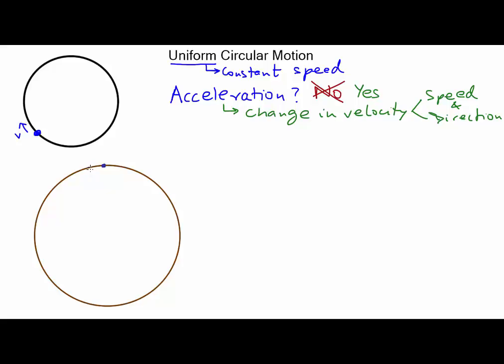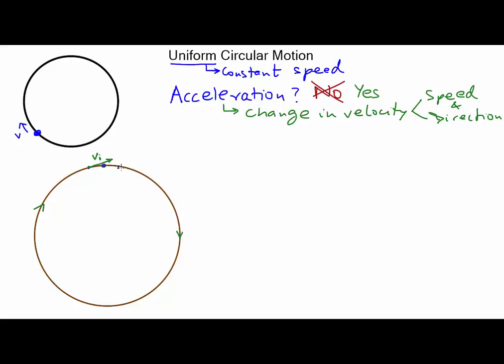So let me take the velocity at this point before my point of interest and this point after my point of interest, and draw some velocity vectors. You remember that the direction of velocity is always tangent to the curve in the direction of motion. So my direction of motion is like this, clockwise around this loop. So my initial velocity will be tangent and point like this.